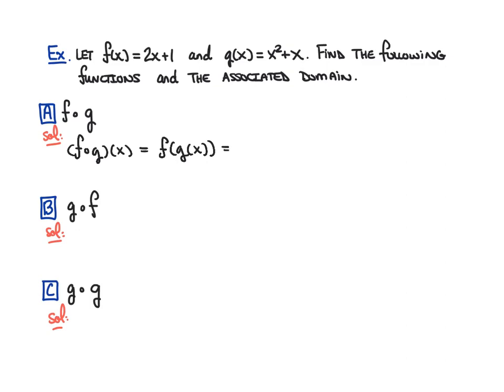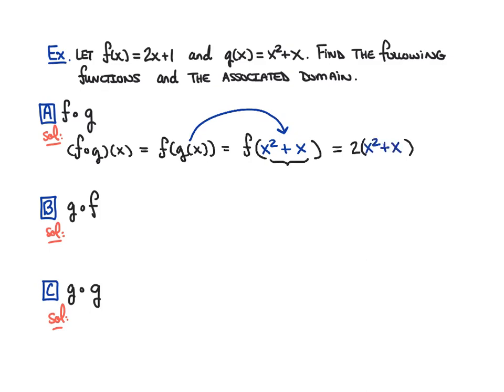Now, leave f and replace g of x with what it is. So I'm looking at g of x. I'm going to replace that with x squared plus x. And finally, the x squared plus x is going to now be the input to my function f. So if you look at your function f, it's going to be 2 times the input, but our input is actually x squared plus x now.